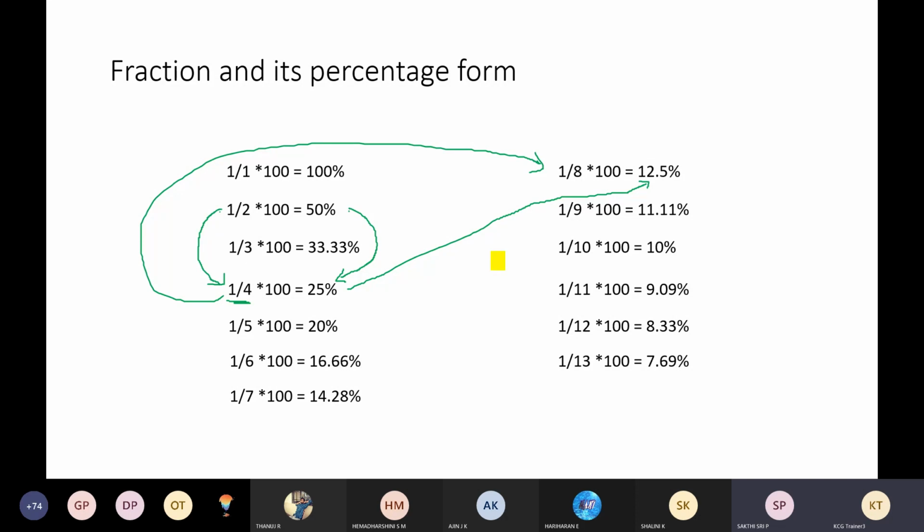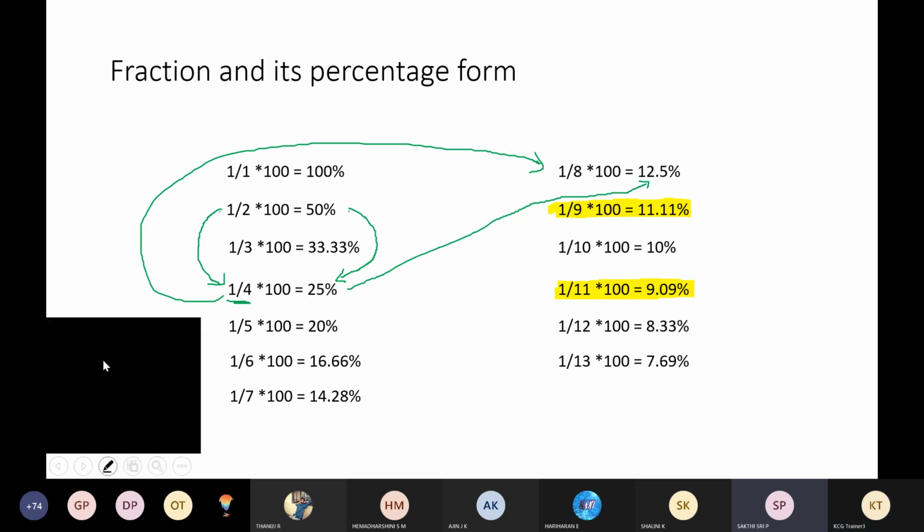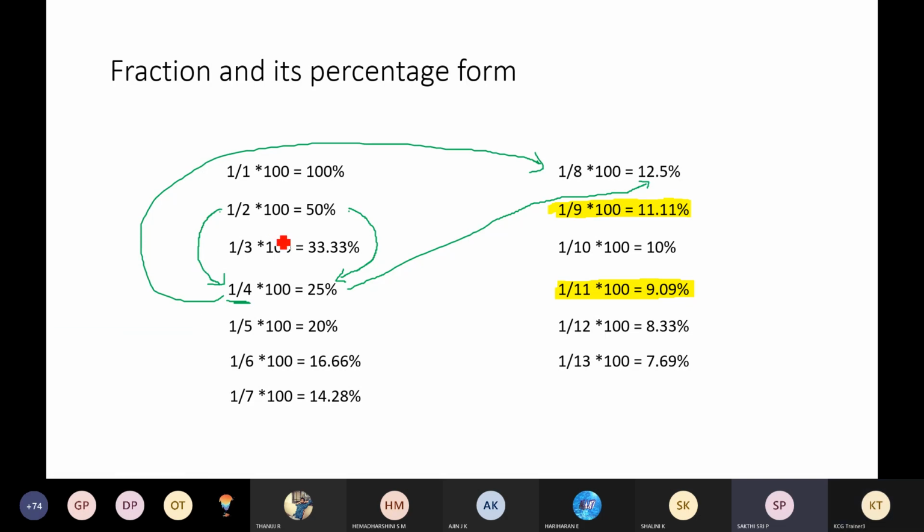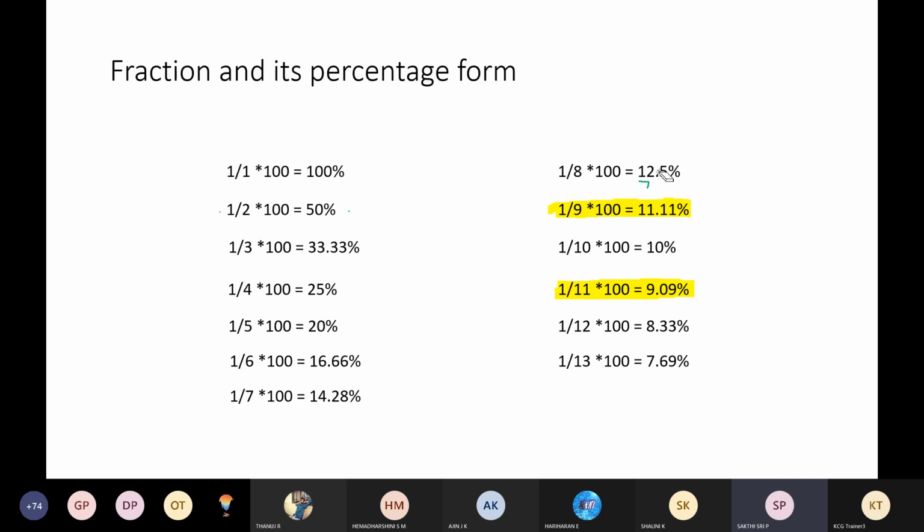And one more thing is, always remember, 1 by 9 will be in terms of 11, 11.11, and 1 by 11 will be in terms of 9. That's one more way of remembering it, 9.09. And now, for example, if you look at 1 by 3, you should remember it is 33.33 percentage.